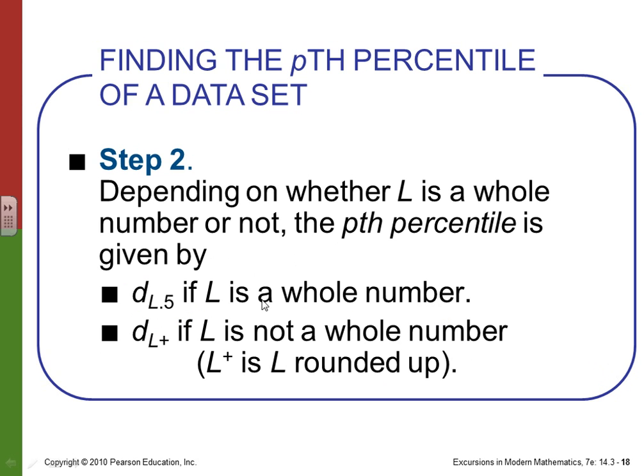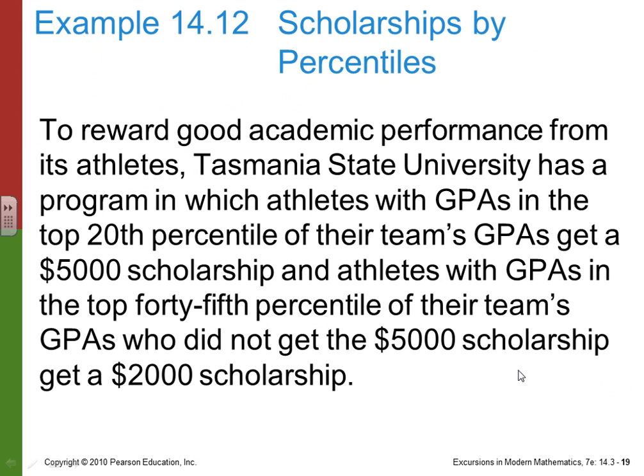Now, if I get a whole number, everything's fine. But if I don't get a whole number, then I have to round the number, and I'm going to round it up. So the 5th percentile might be someplace a little bit higher.